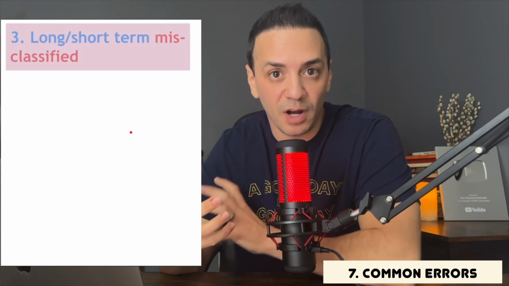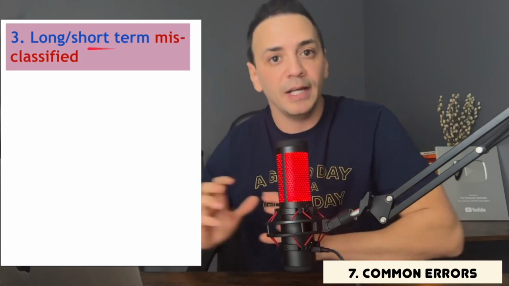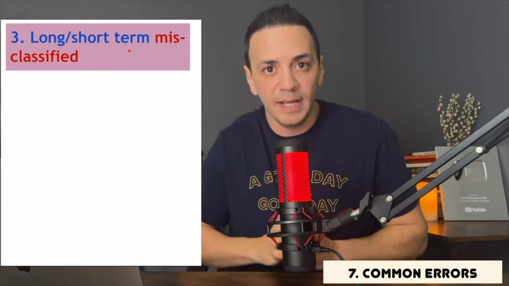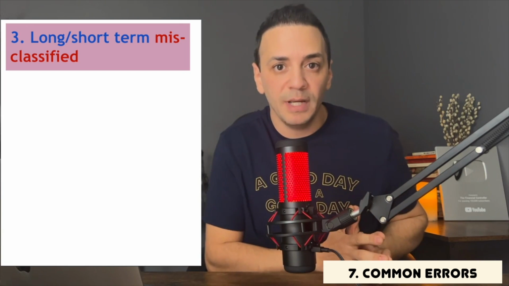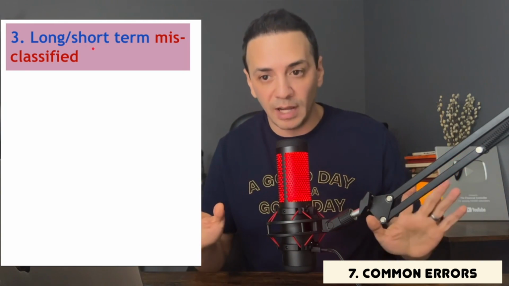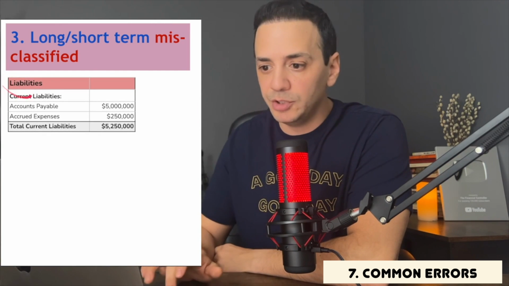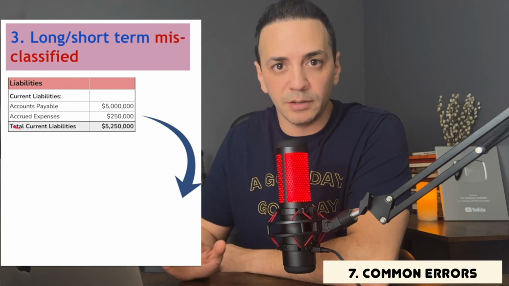Okay, the third type of common balance sheet mistake that I've seen is a misclassification between long-term and short-term assets or liabilities, right? The difference between short-term and long-term is that short-term is realizable within 12 months. Long-term is something that's going to be beyond 12 months in nature, whether it's an asset or liability, right? So let's take a look at this example. We have the liabilities section of a balance sheet, and we have accrued expenses for $250,000, right?